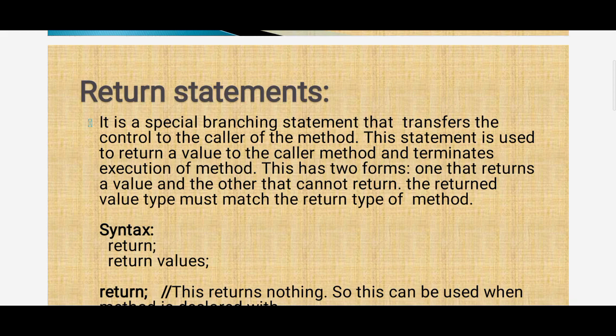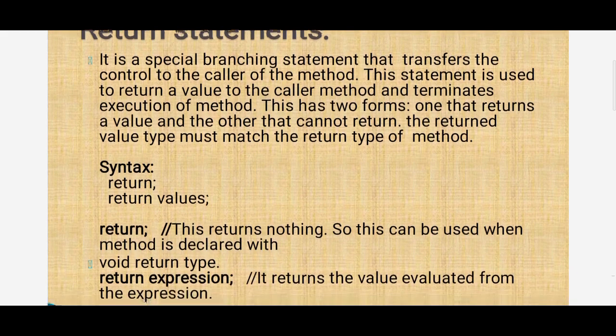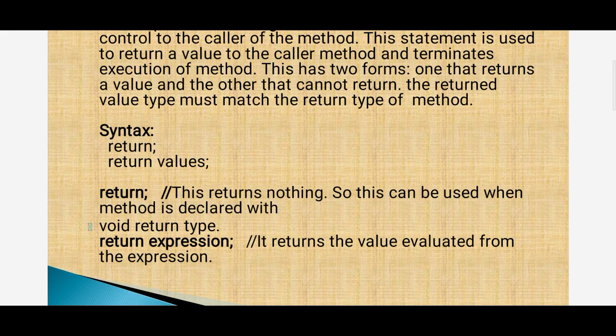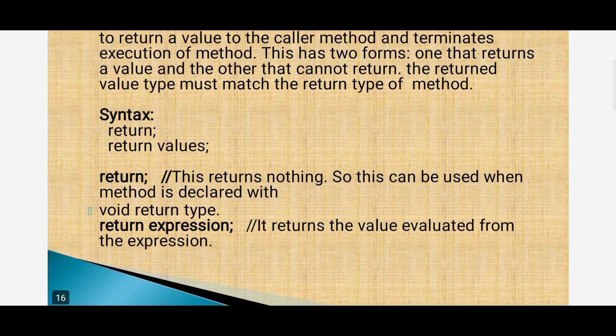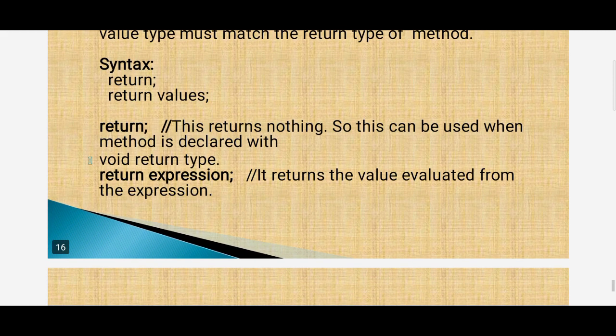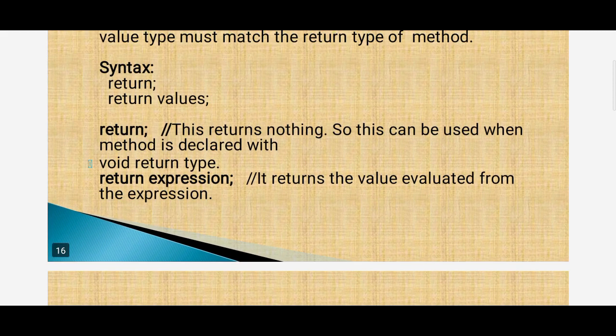The return value type must match the return type of the method. Syntax: return value. This returns nothing, so it can be used when the method is declared with void return type. Return expression returns the value evaluated from the expression.